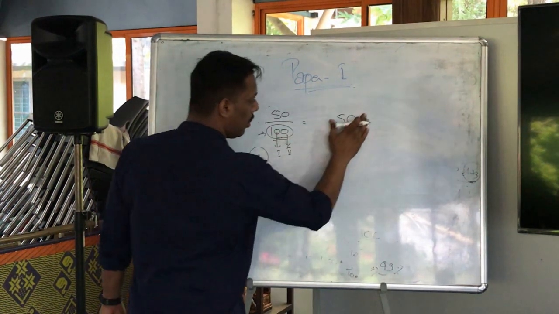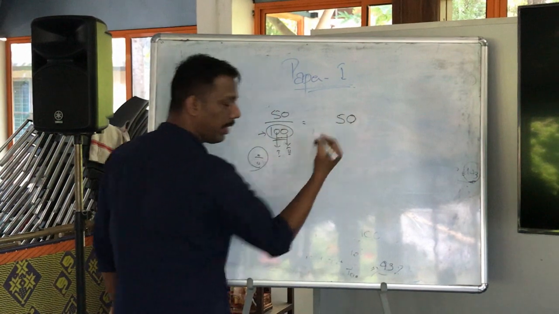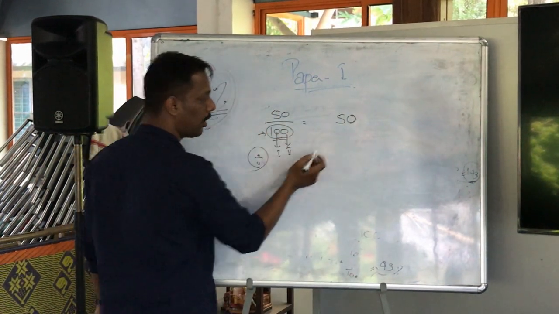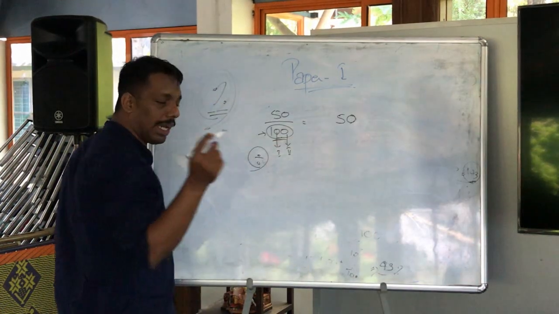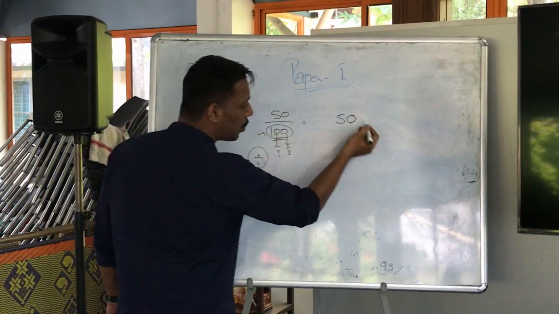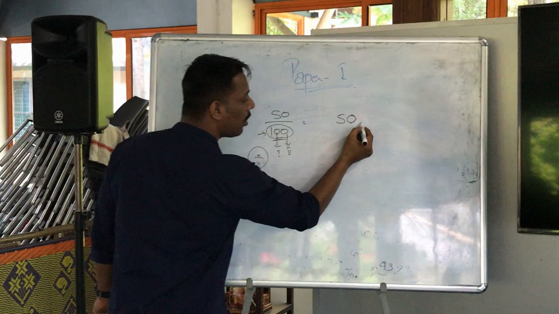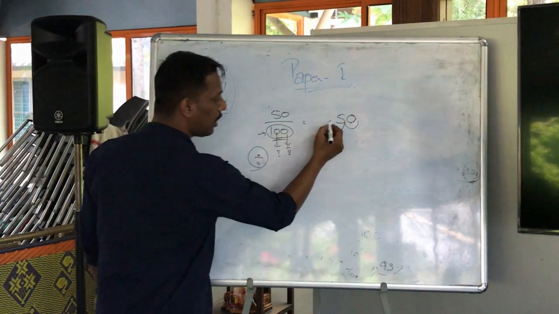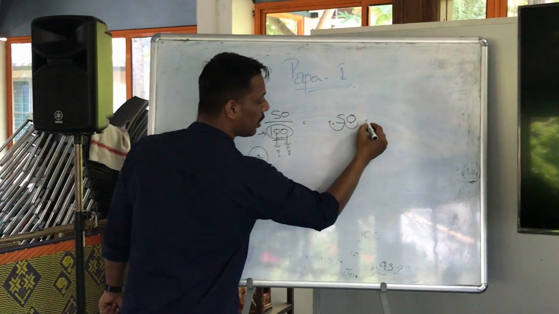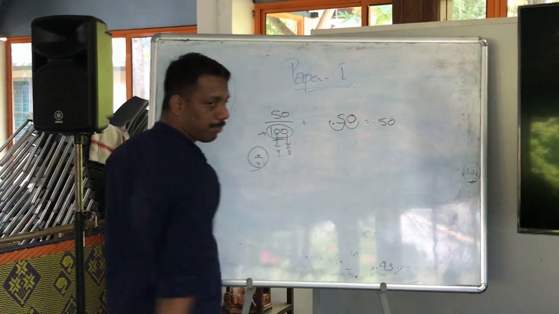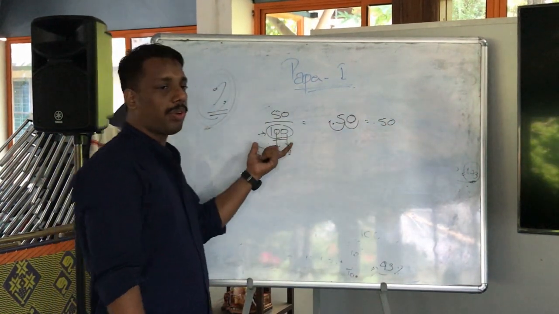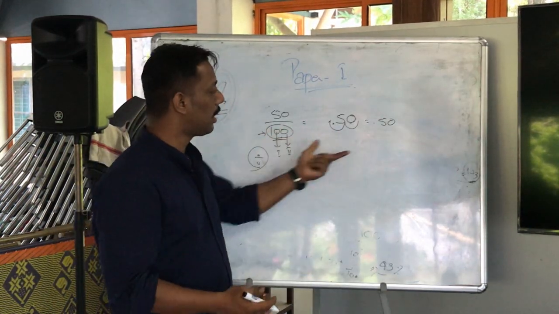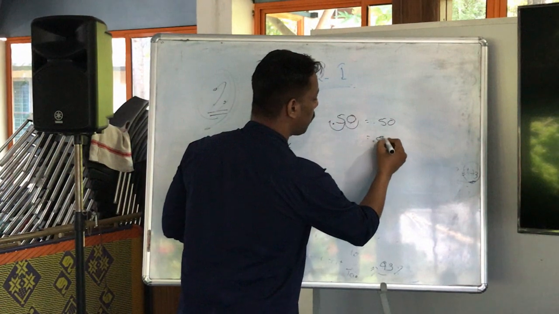So for dividing 50 by 100, you put the dot 2 steps from right to left, first and second. So you put a dot here, that is 0.50. 50 out of 100, that is 50% or 1 by 2, is nothing but 0.5.